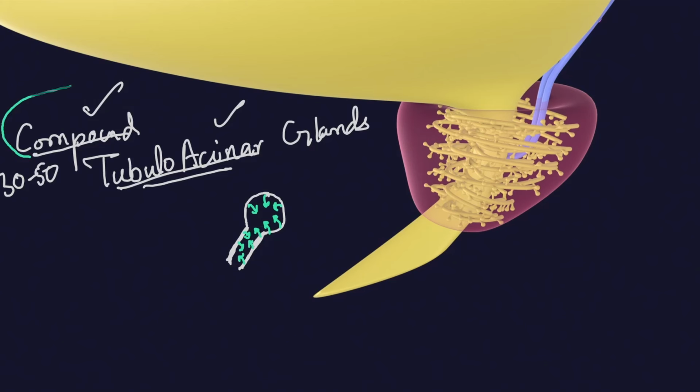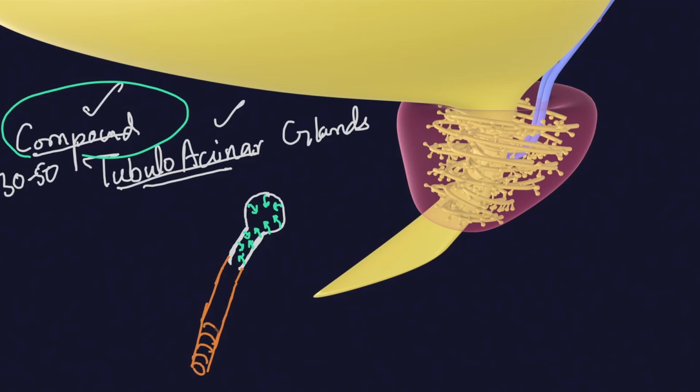Now, what is the meaning of compound? This is just the secretory part. Now there is the part which transports these secretions. Let's draw the secretory part here, like this. Sorry, this is the duct. This is the non-secretory, ductular part of the gland.